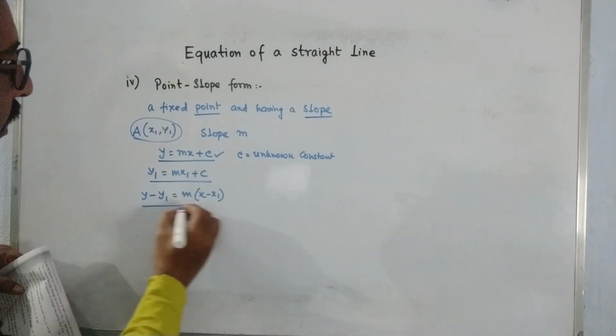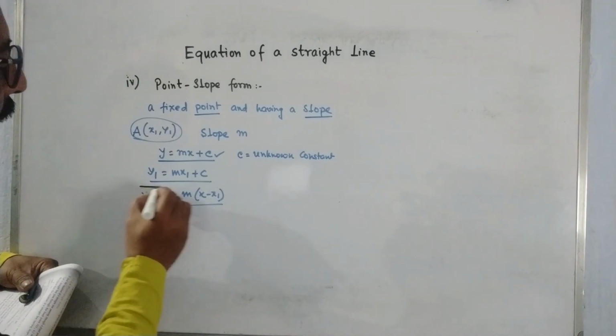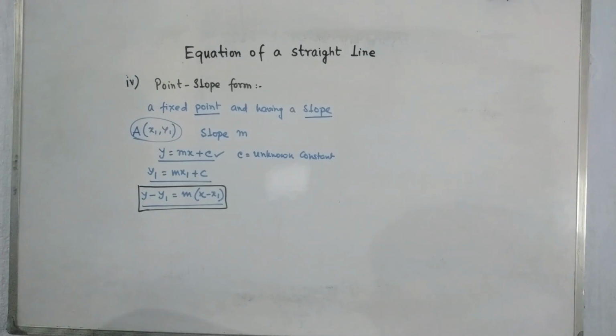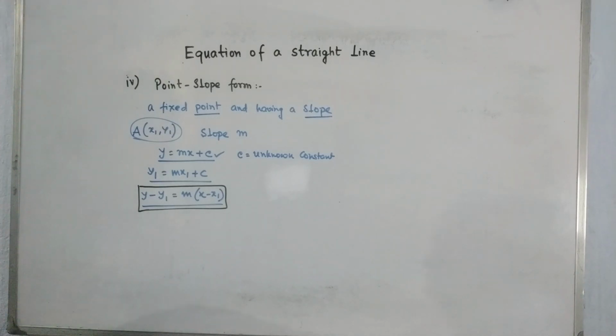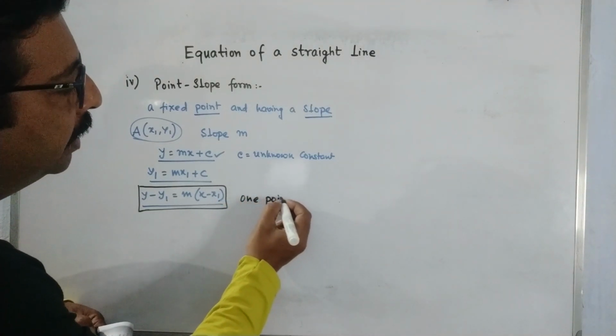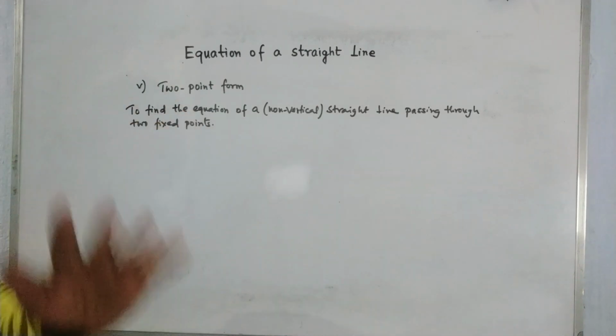So this is the form: y minus y1 equals m into x minus x1. This is called one point form. This format of equation is called one point form. The next type of form is the 2-point form.